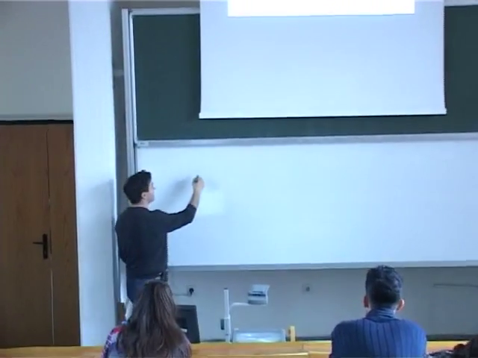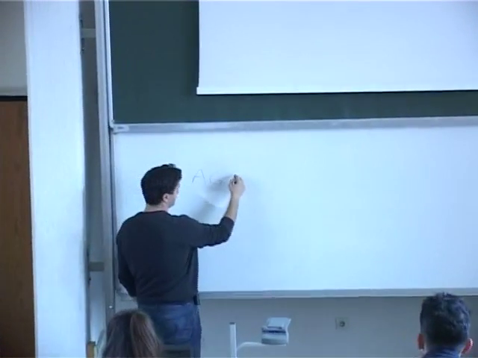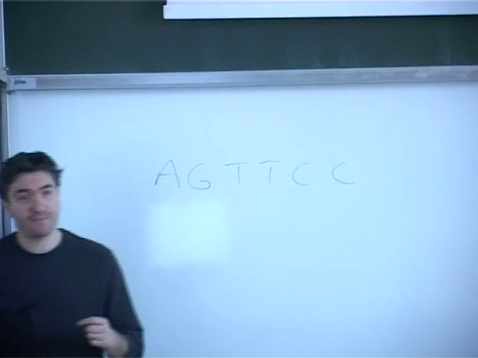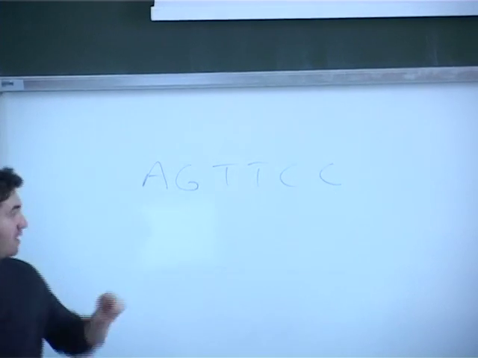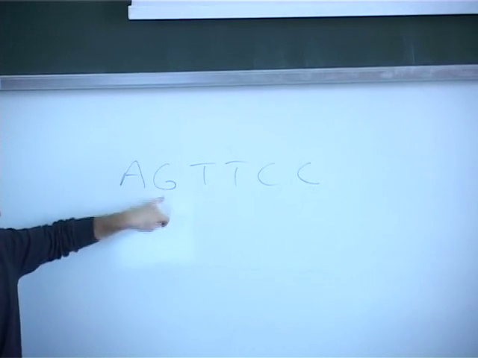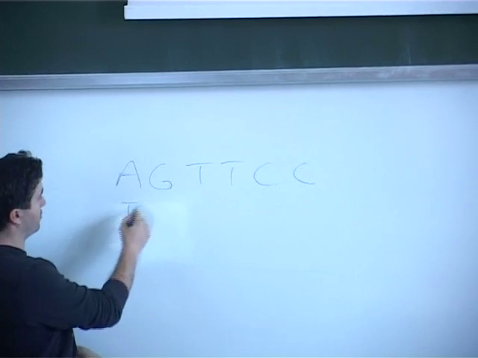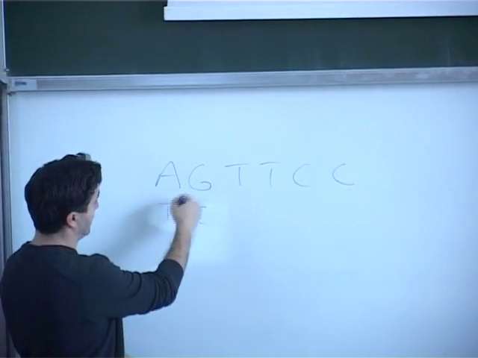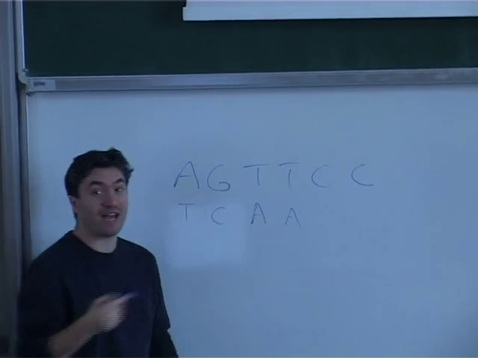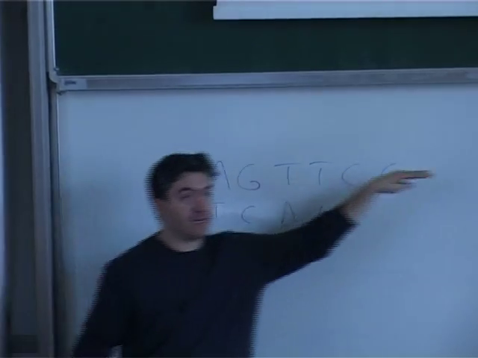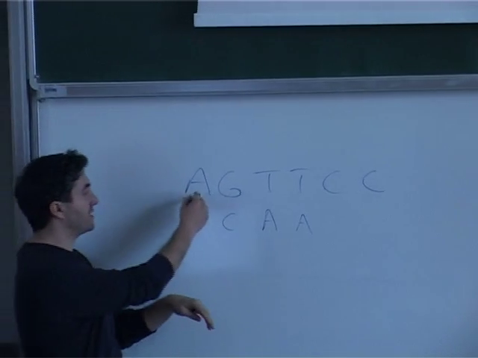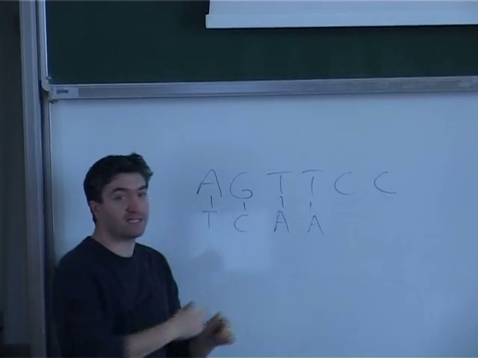Usually these letters are also called base pairs. They are called base pairs because in the DNA, we have the double helix. There is a complementary strand to this DNA sequence, so it forms a double helix.